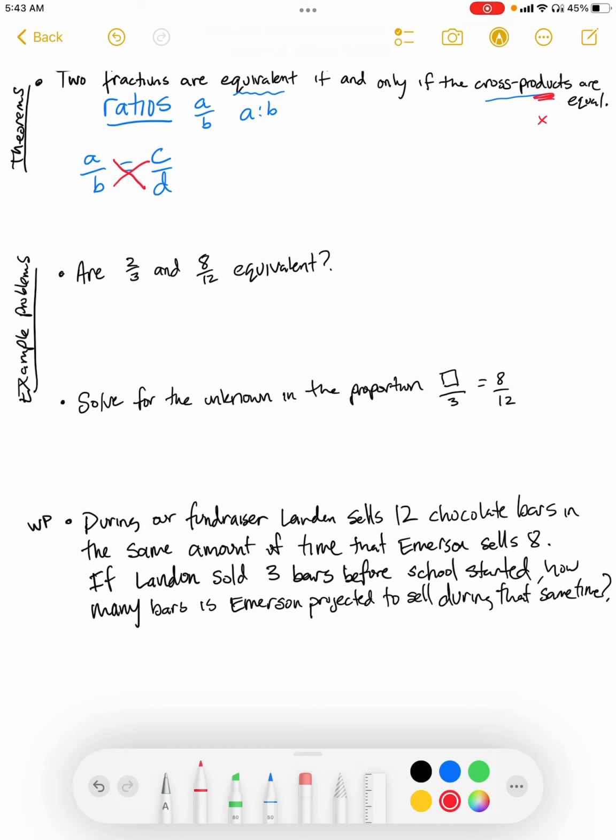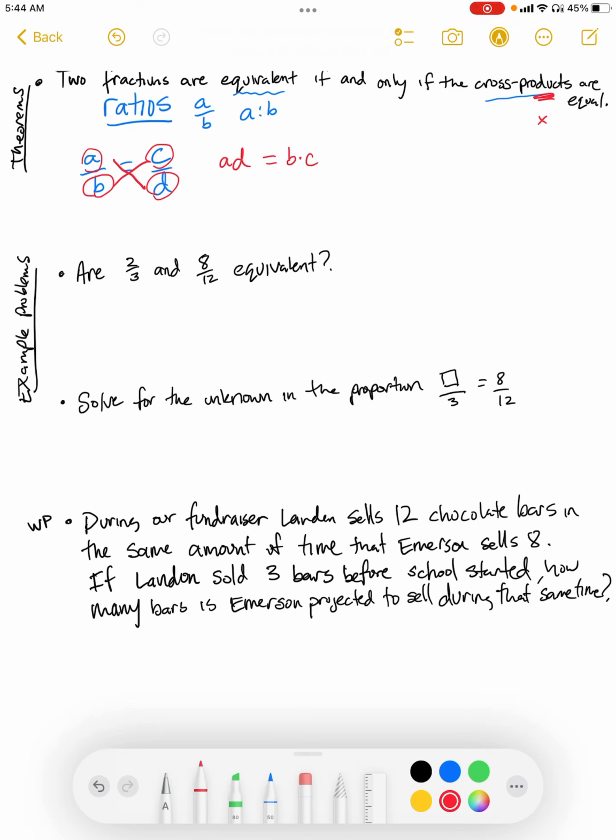So if I take this numerator a multiplied by this denominator d, whatever those numbers are, and if that equals the product of the other two multiplied, the other two across from each other, then I know those fractions are equivalent. Even better, that also means we have a proportion, right?